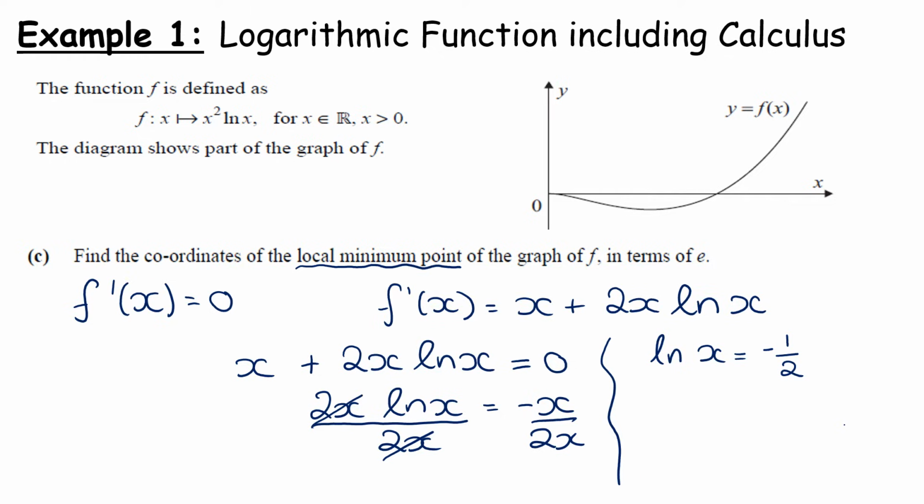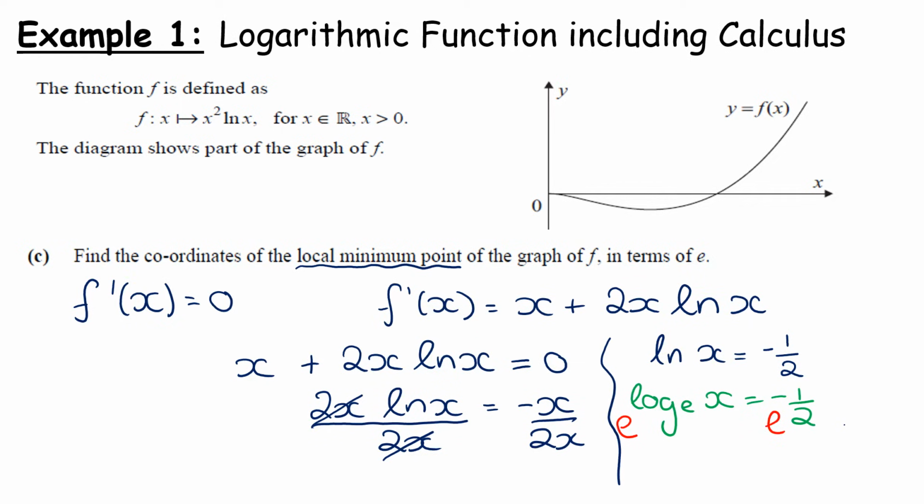So now I want to work out what x is, so I'm going to convert this log. So this is, remember, log to base e of x is equal to minus a half. So whatever way you have of converting that, what I do is take e to the power of both sides.